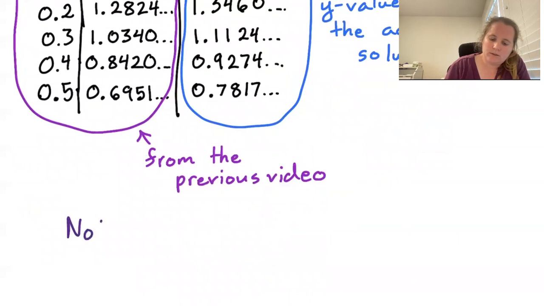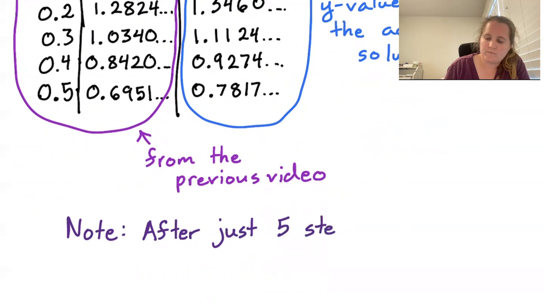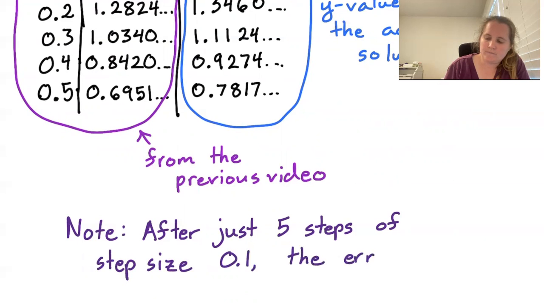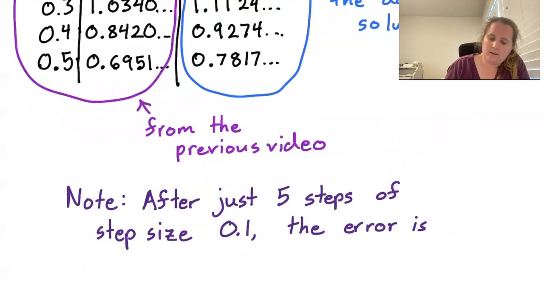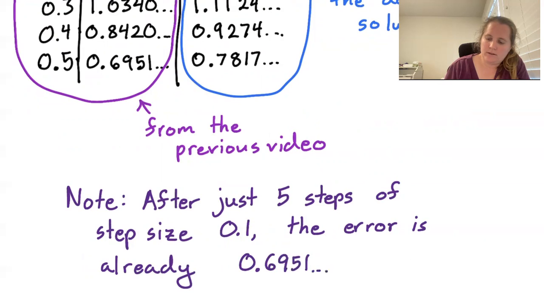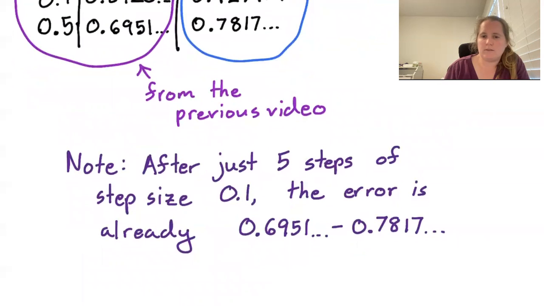So note, after just 5 steps of step size 0.1, the error is already 0.6951 minus 0.7817. And so this is already approximately negative 0.09.